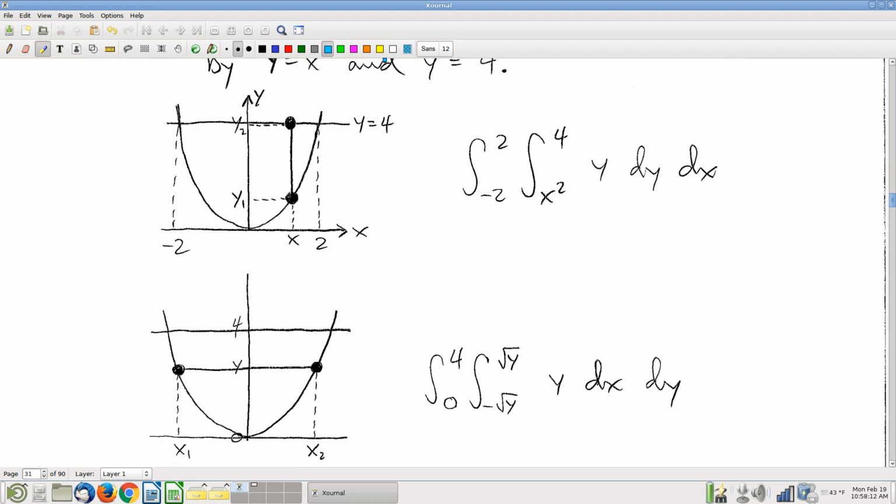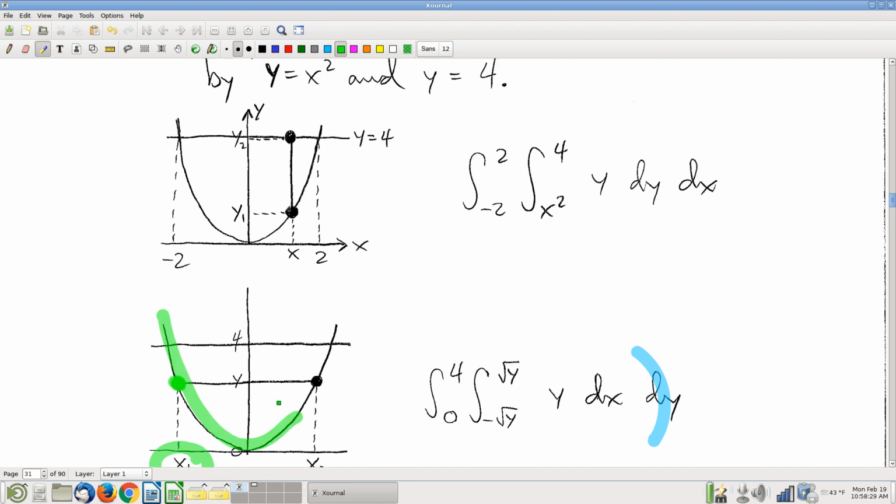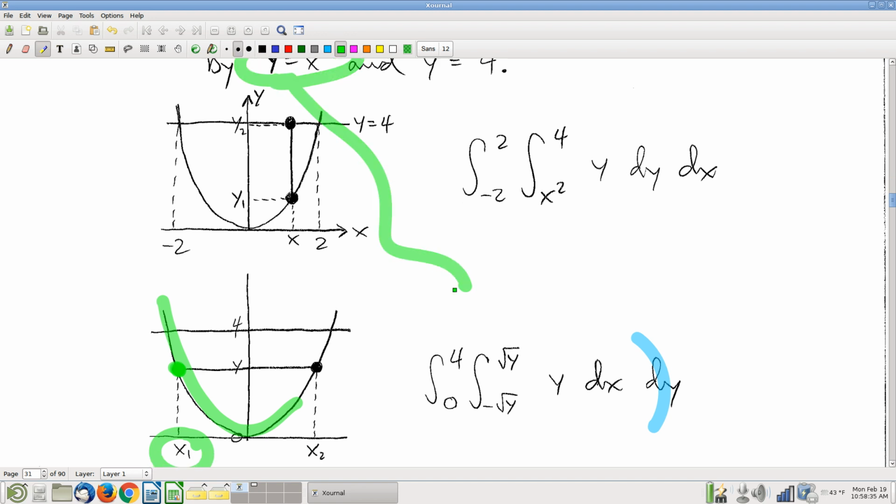For a given value of y, as I go across there now, my first value of x corresponds to that point. That point is on that curve. That curve has this equation, and in there I need to solve for, now wait a second, let's think this through. I need to solve for x.